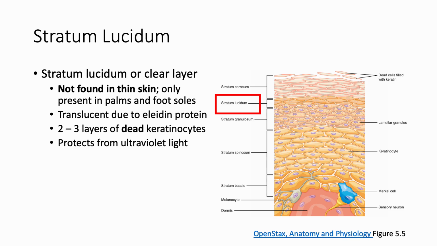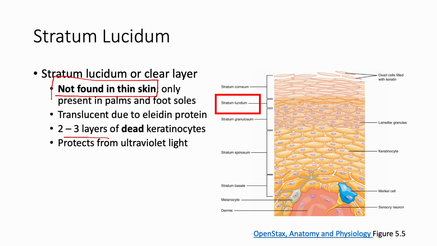Stratum lucidum, now remember, this is the layer that is only found in thick skin, only in our palms and only in the soles of our feet. So what that means is the majority of our skin is not thick, right? The majority of our skin is going to be the thin skin. But in thick skin, we have this extra layer. It's a couple of layers of dead keratinocytes.